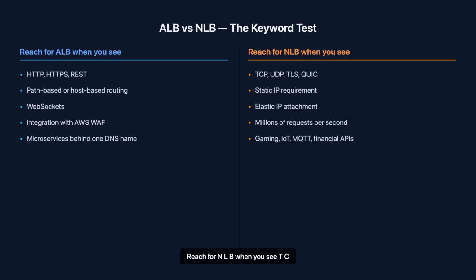Reach for NLB when you see TCP, UDP, TLS, QUIC, a static IP requirement, elastic IP attachment, millions of requests per second, or specific workloads like gaming, Internet of Things, MQTT, or financial APIs that get whitelisted by partner firewalls. The cue is almost always in the protocol list or the static IP requirement.